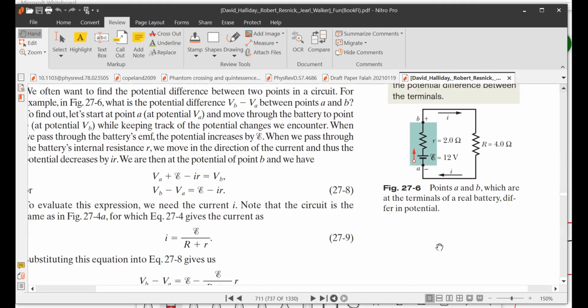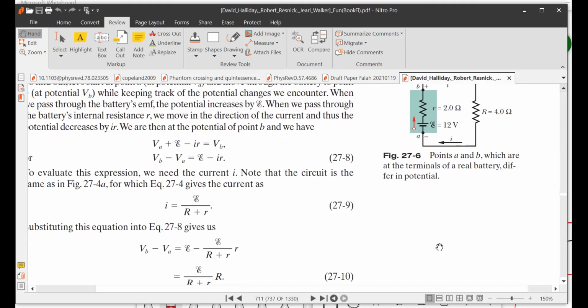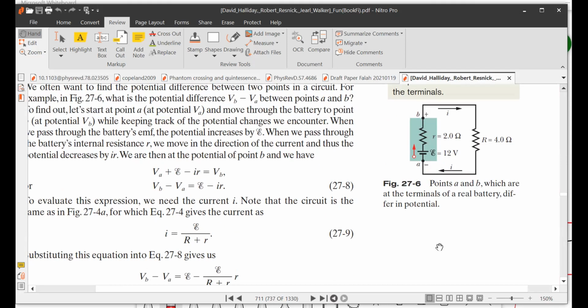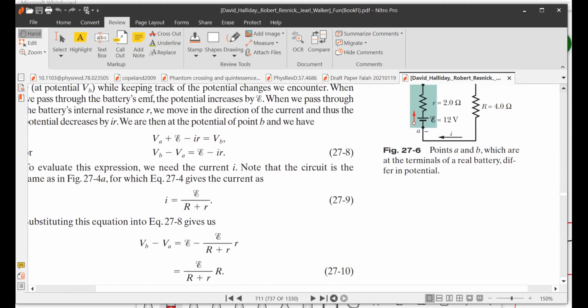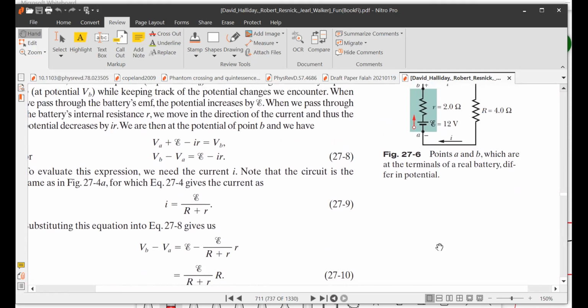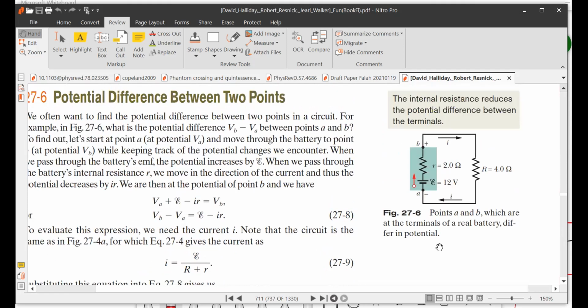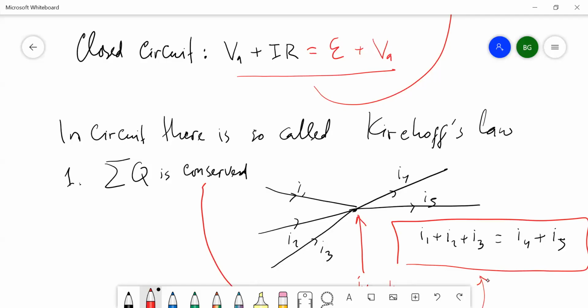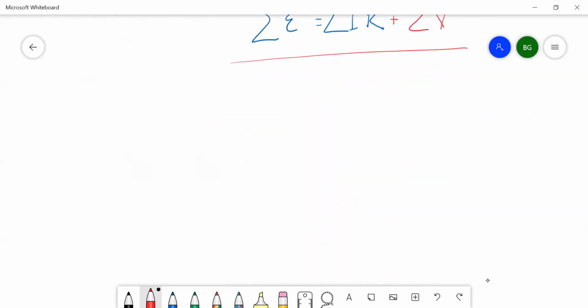So, for example, if we use figure 27-6, we get this one.